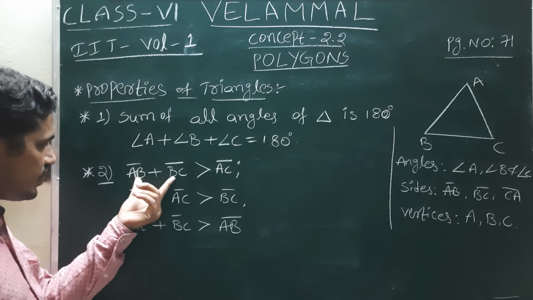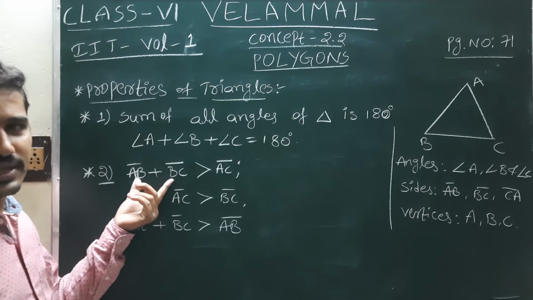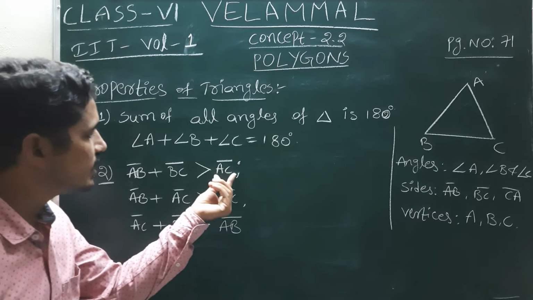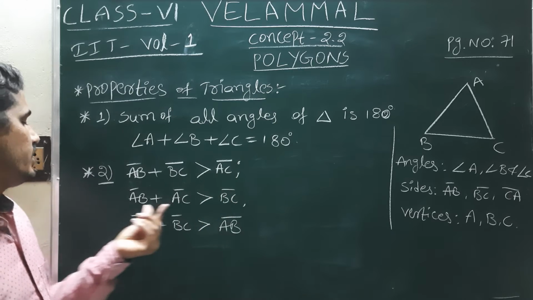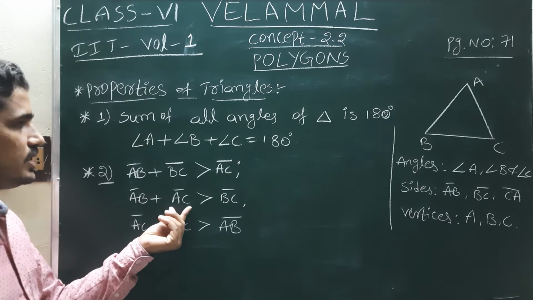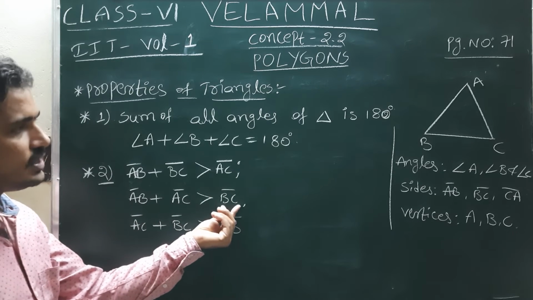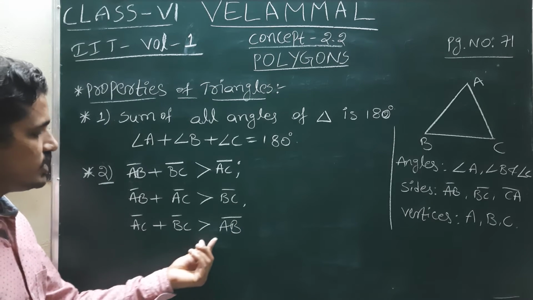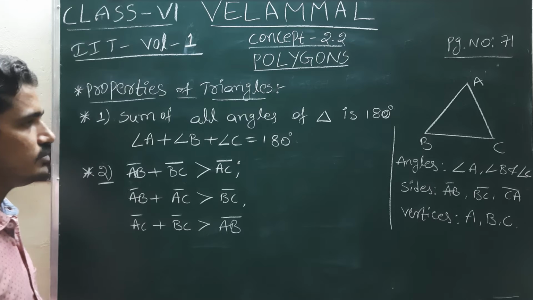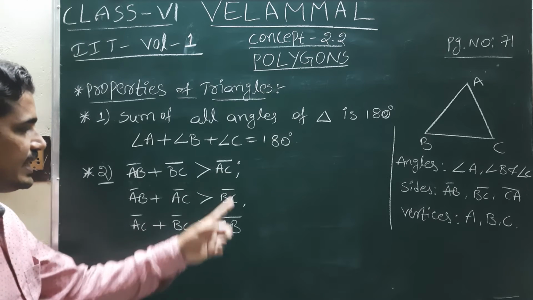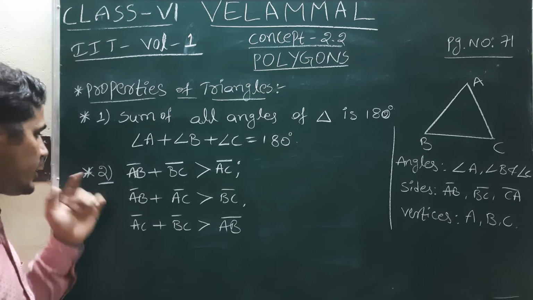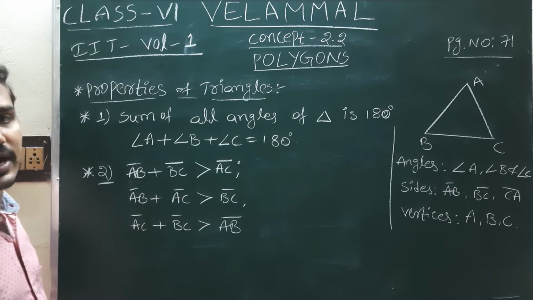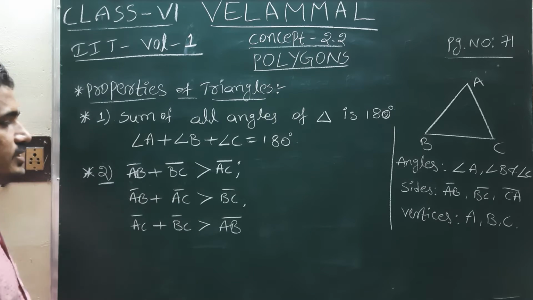That means the sum of the lengths of any two sides of the triangle must be greater than the third side. Next, AB plus AC must be greater than BC, and AC plus BC must be greater than AB. So these are the properties for the addition of the sides of the triangle.